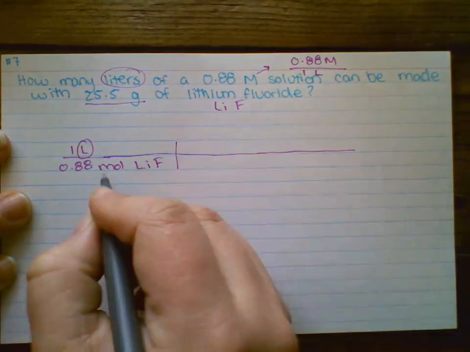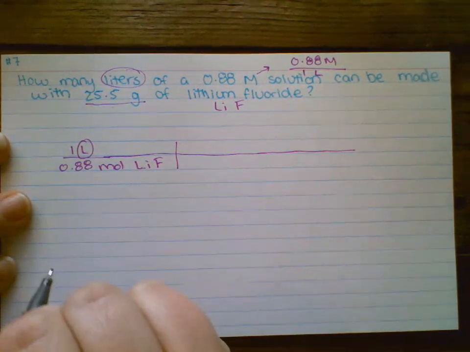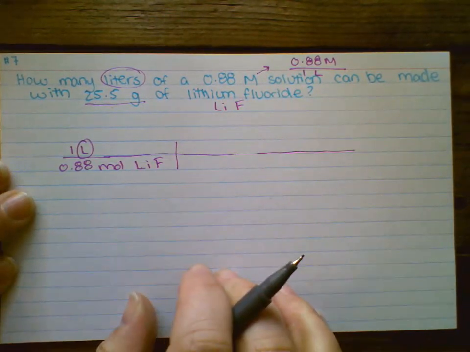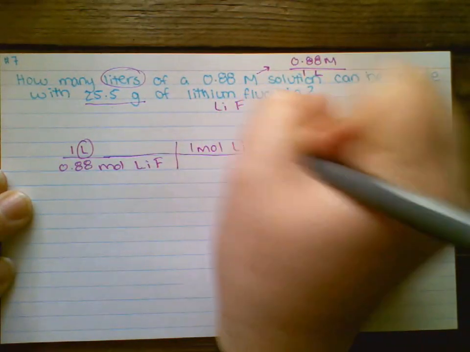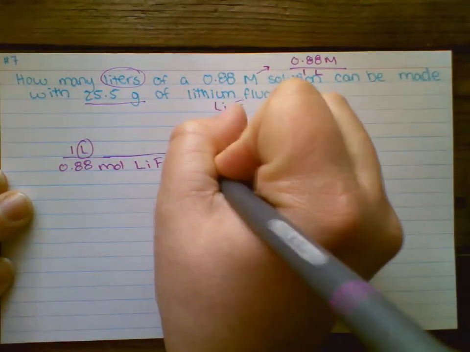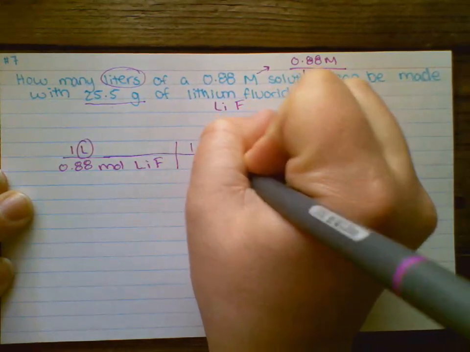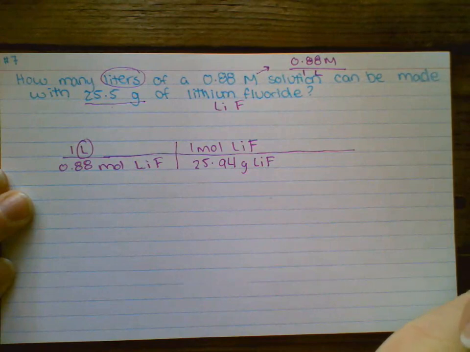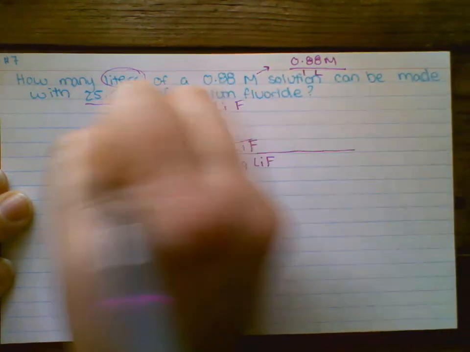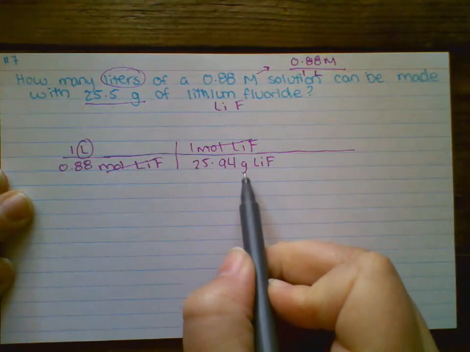So just like all of my other problems, I have moles. I have to turn moles into grams, so I'm going to use a molar mass. This time, 1 mole of LiF is the same as 25.94 grams of LiF. I'm going to cancel moles and moles, so I'm left with grams here.